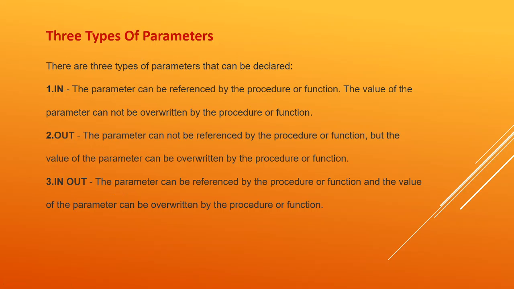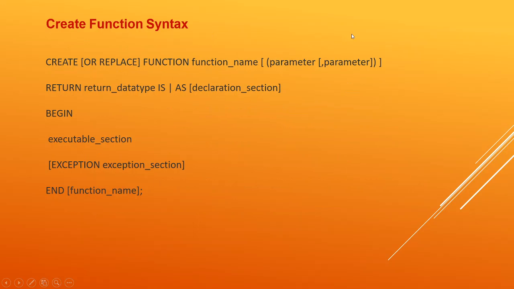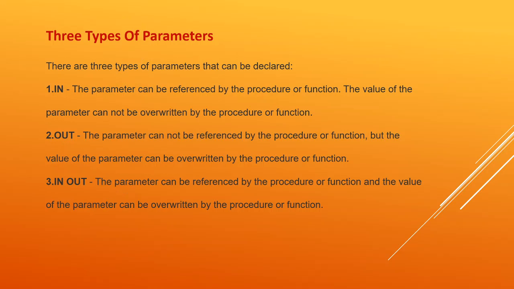Before getting into the example, we talked about the parameters list, right? Here in functions of PLSQL, the parameters can be of three different types. What are the three different types of parameters we can have?